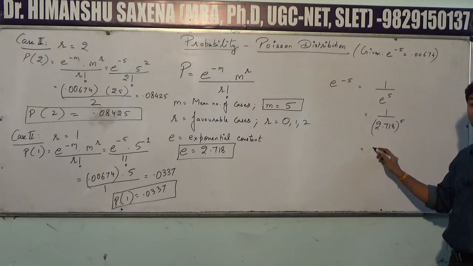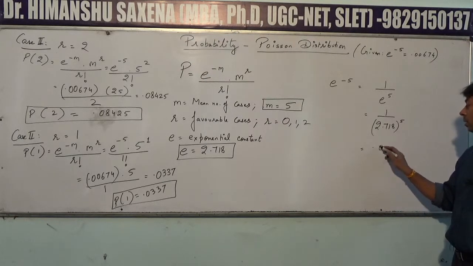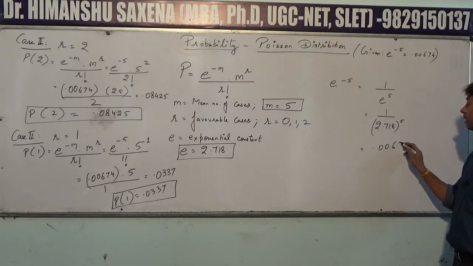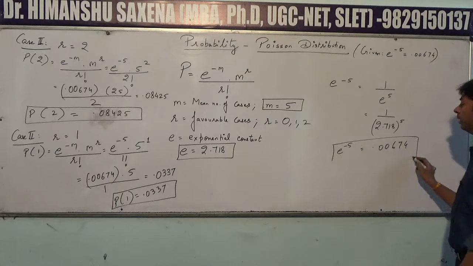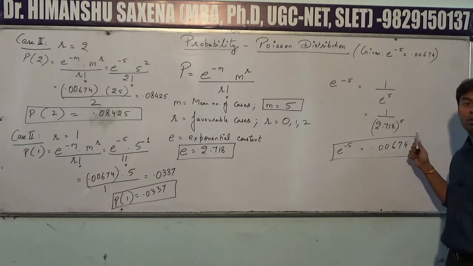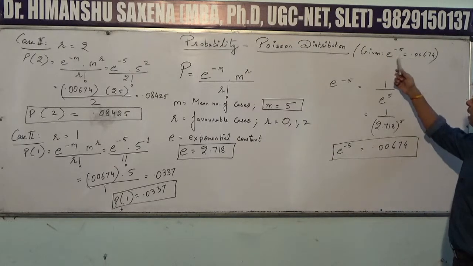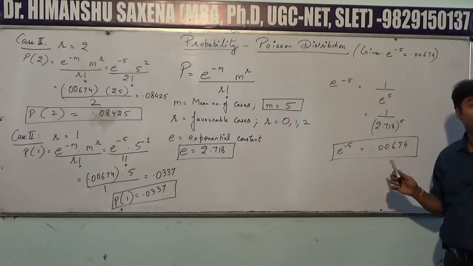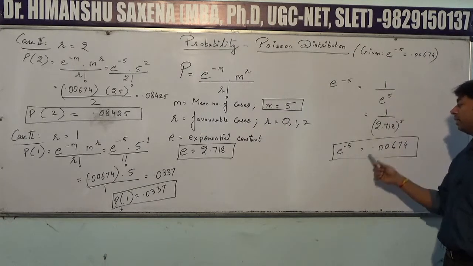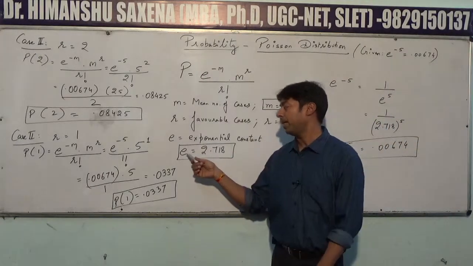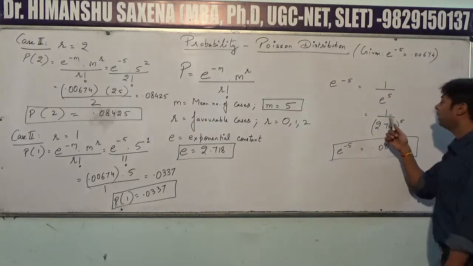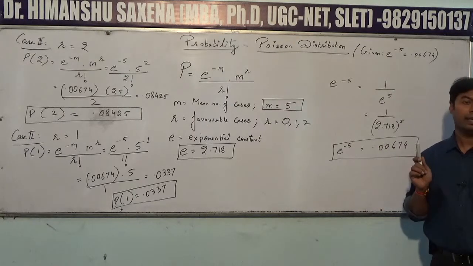And what is the result that you are getting, after pressing it 5 times? 0.00674. So e raised to the power minus 5 is equal to 0.00674. Now the value was given. Even if it was not given, you could have easily calculated the value of e raised to the power minus 5 by placing the value of e as 2.718.